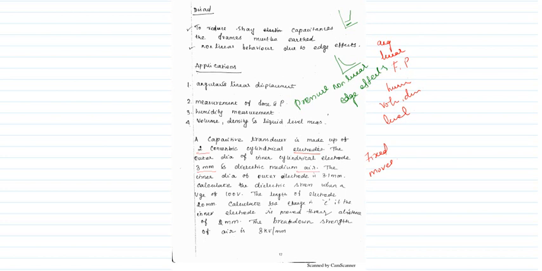The dielectric medium is air. The inner diameter of the outer one is 3.1 mm. We have to calculate the dielectric stress when the voltage is 100 volt and the length is 20 mm. Calculate the change in capacitance if the inner electrode is moved through a distance of 2 mm, and the breakdown strength of air is 3 kilovolt.